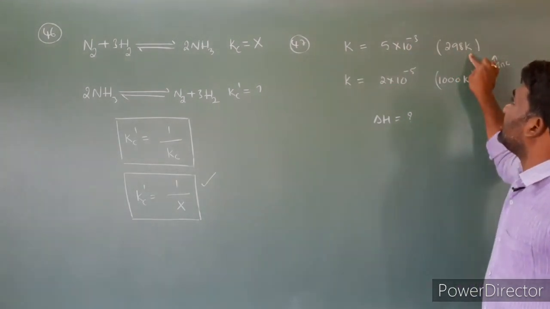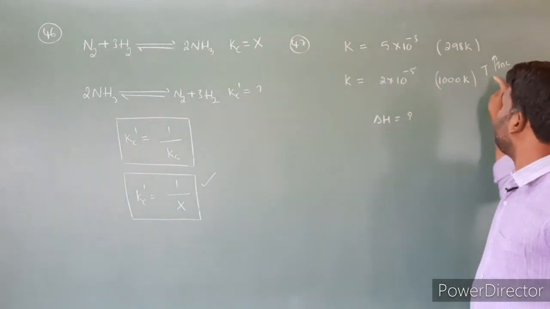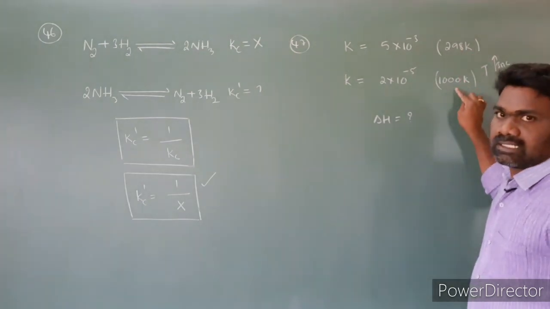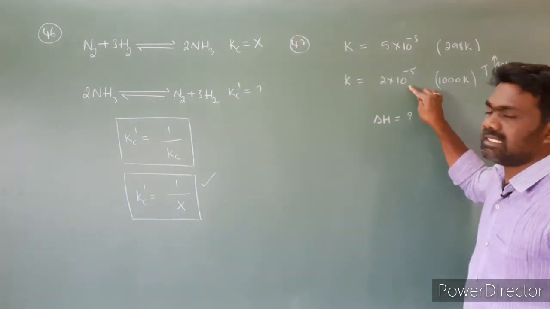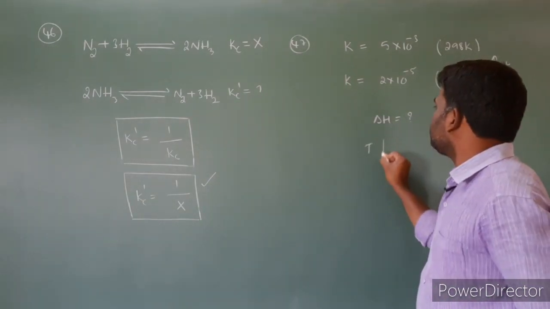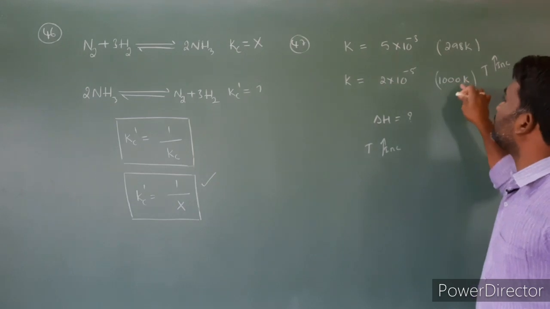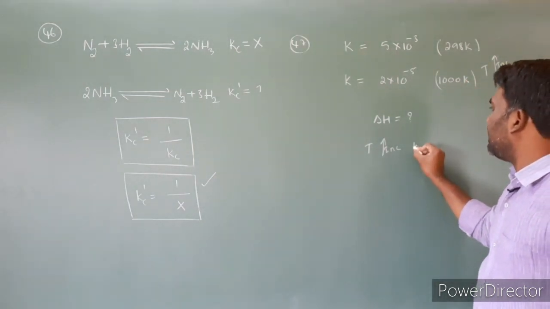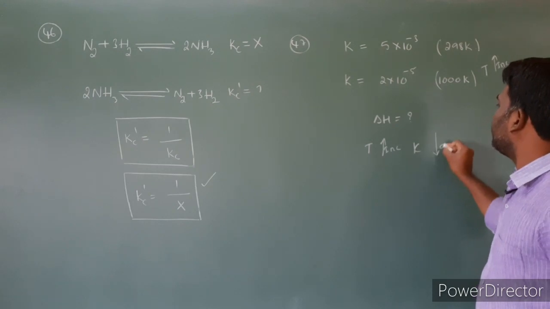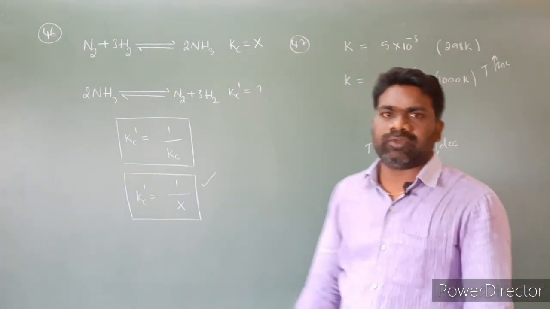So K is more at 298 Kelvin compared to 1000 Kelvin. Temperature increases from 298 to 1000 Kelvin, but K decreases.